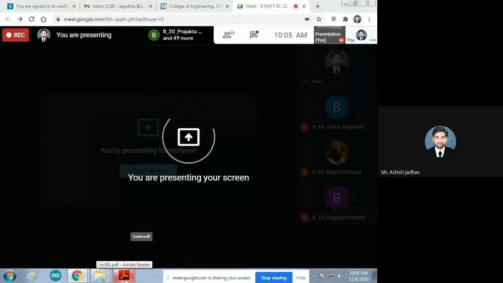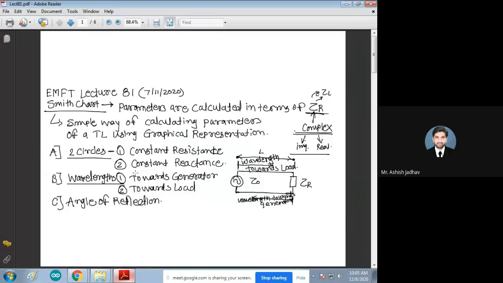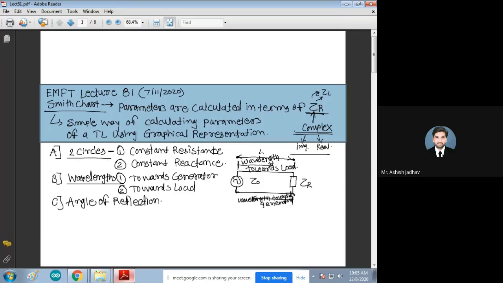I got it. So there are two circles, constant resistance circles. Check, is it visible? Yes, sir, it is visible. So the Smith chart will have two circles, constant resistance and constant reactance.